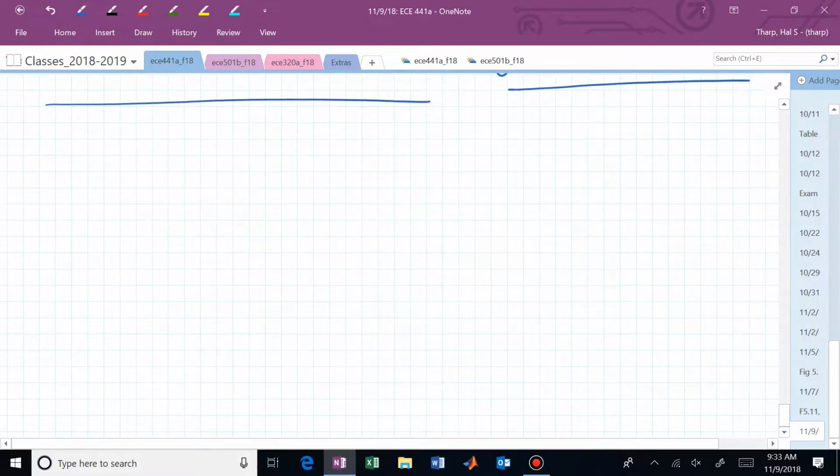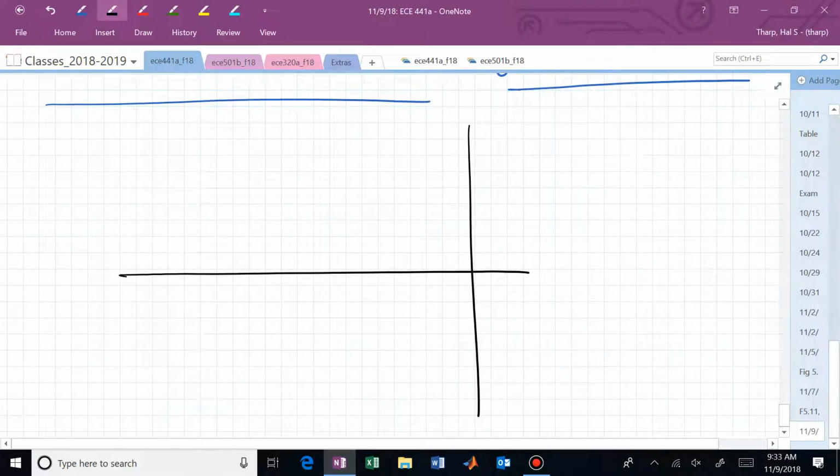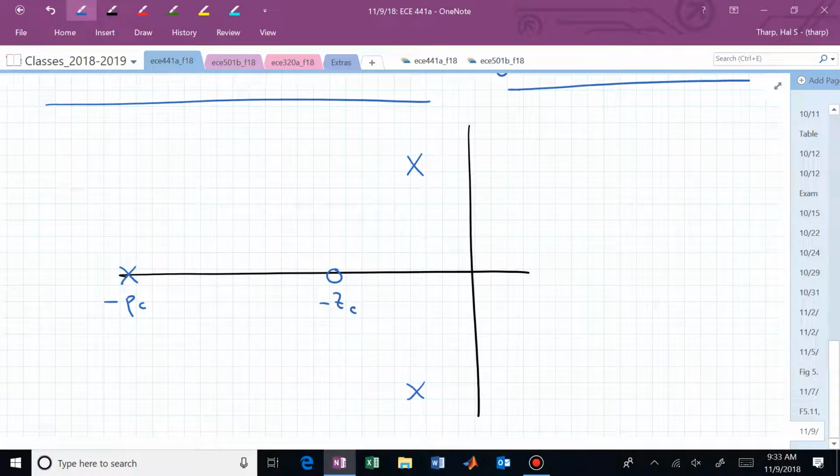Well, you said we could add a phase lead. So what's a phase lead controller? If we exaggerate a little bit the difference between that zero at minus z sub c and that pole at minus p sub c, do you see that maybe we are pulling the root locus over with that zero?